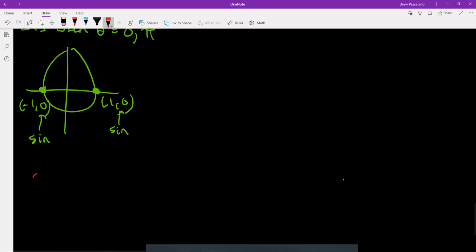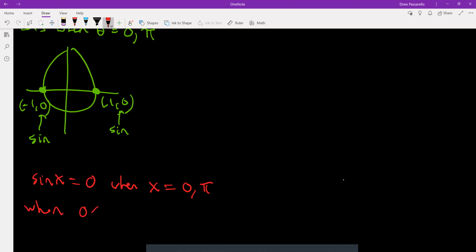So I know that sine of x equals 0 when x is 0 and pi. All right, and this is when you're only doing one revolution, and that's the same thing as saying 0 less than or equal to x less than 2 pi.